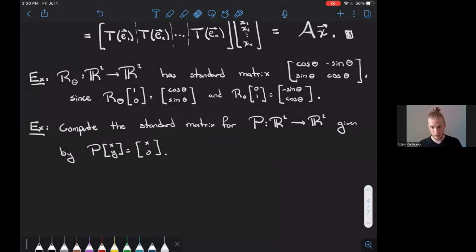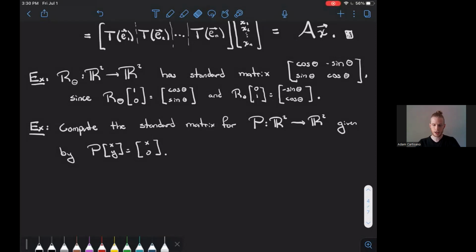So we're going to do that for this second example. Compute the standard matrix for P going from R2 to R2, which is given by P of xy is x0. Now, I will tell you what the letter P stands for. It stands for projection.